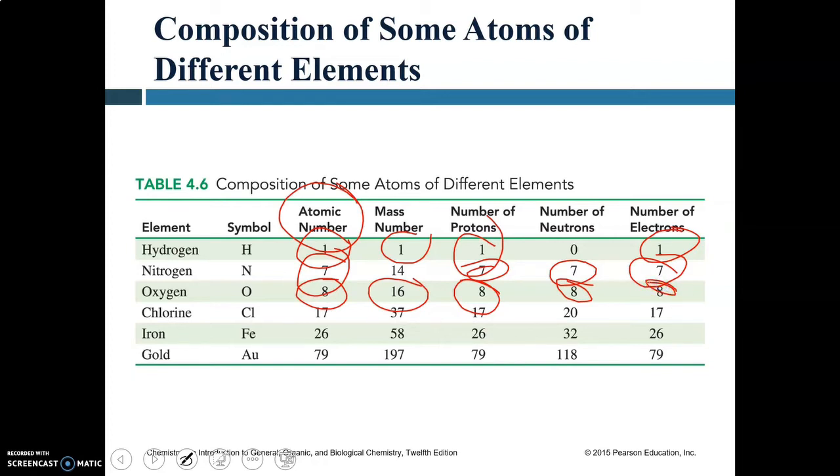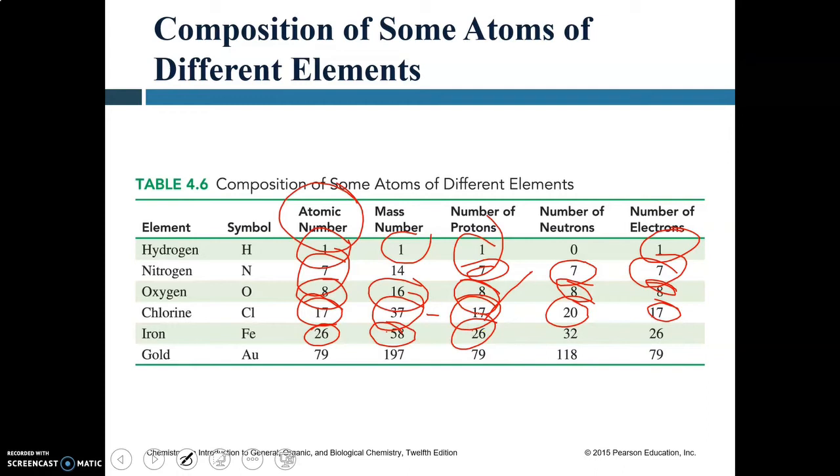Chlorine has 17 as its atomic number and 37 as its mass number. So the number of protons in chlorine is 17, and the number of neutrons is 37 minus 17, which is 20. Electrons are still 17. Iron, 26 and 58, which means each atom of iron has 26 protons.